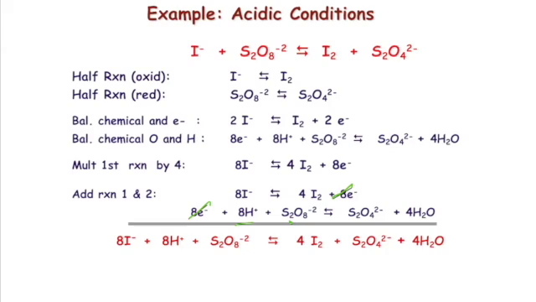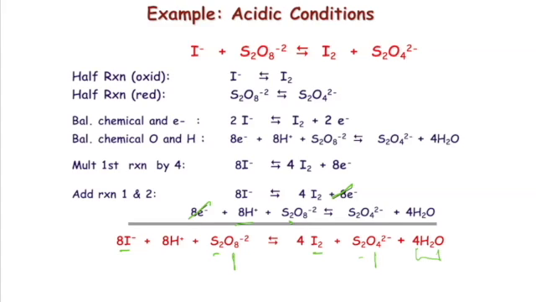The last thing you should do is double check everything. Check the iodine, 8 iodines on both sides. Okay, 8 I- equals 4 I2s. Check your sulfur, 2 sulfurs on both sides. Check your oxygen, 8 oxygens here, 4 plus 4, 8 oxygens there.